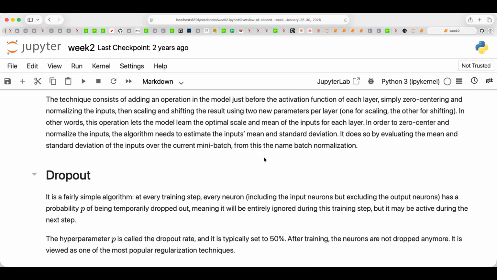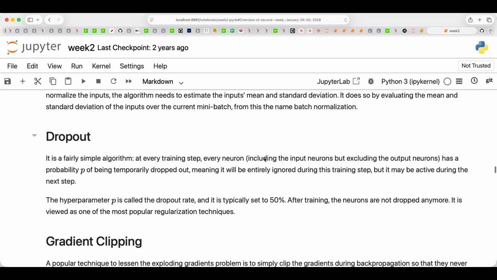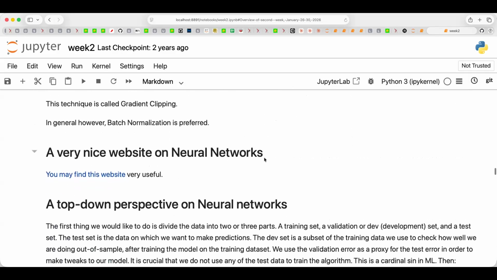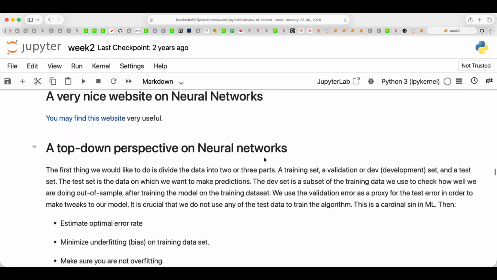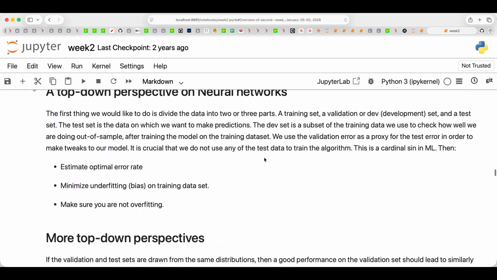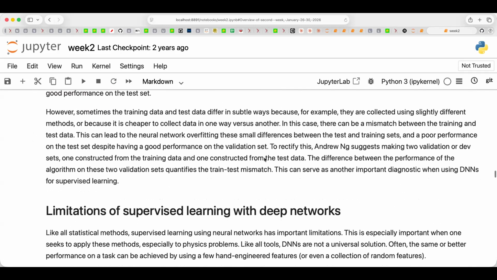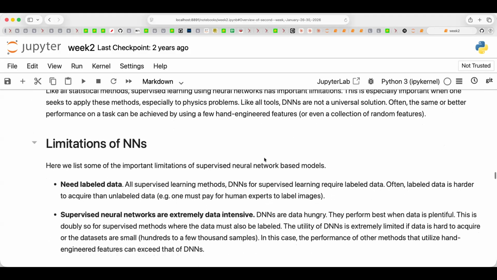I will not go through all these details and would just refer to the textbook, because it contains a pretty good description. There's more text here, which I simply recommend taking a look at.